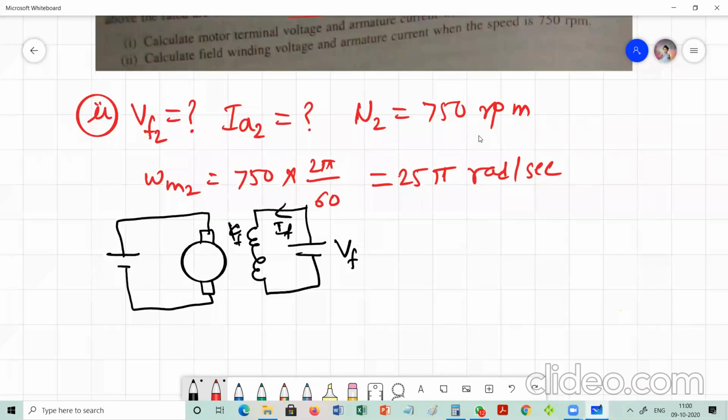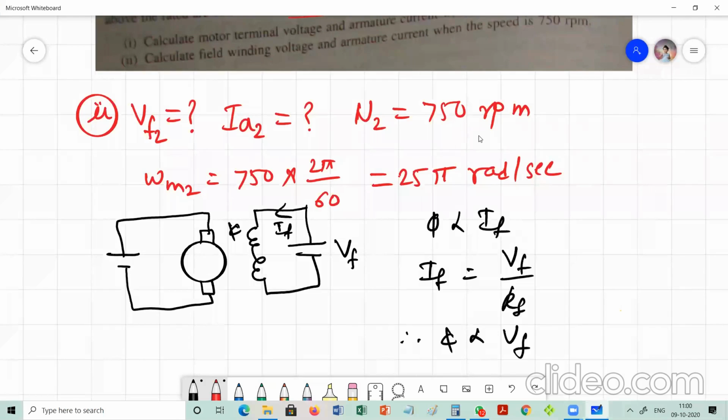Then phi is proportional to If. But If is equal to Vf by Rf. Therefore phi is proportional to Vf.